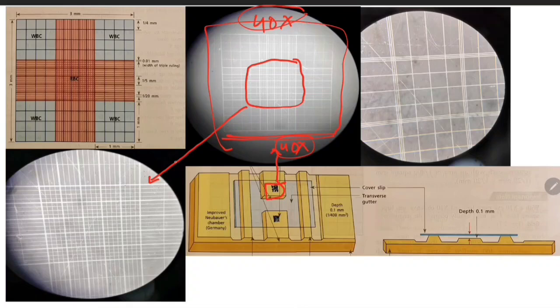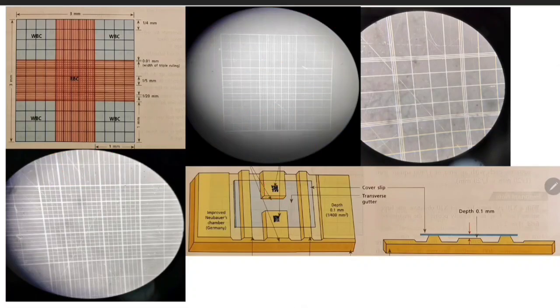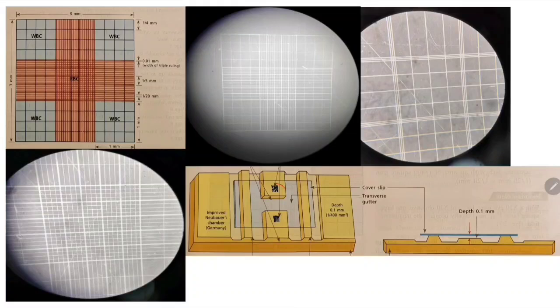When we magnify more, how much magnification? It's 10 into 10, where 10 is the objective lens and 10 is the eyepiece. So total magnification is 100 times. When we magnify this chamber 100 times, it will look like this. This is the 100x magnification of this area.